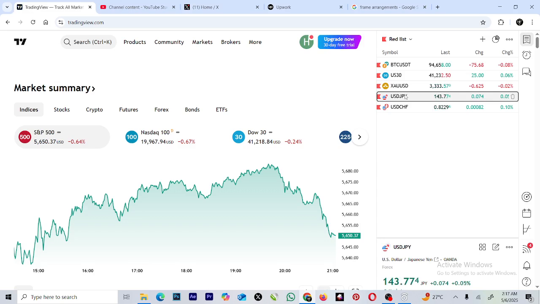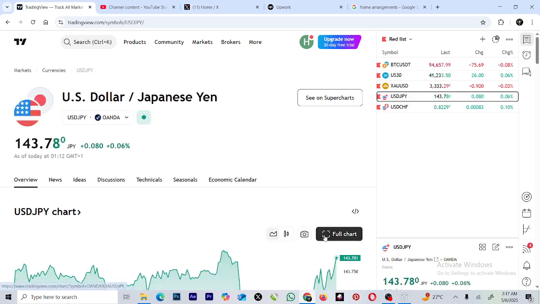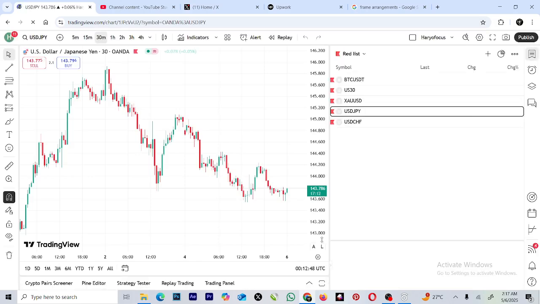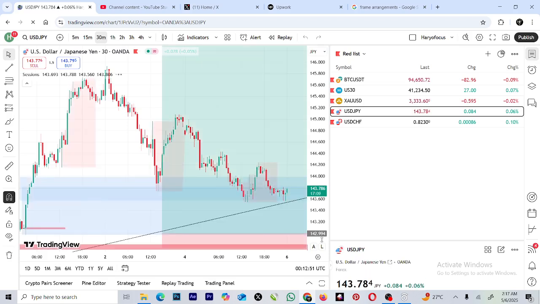So in today's topic, I will show you different support and resistance in our chart. I believe after today's class, you will be able to identify support and resistance wherever you see them in your chart.